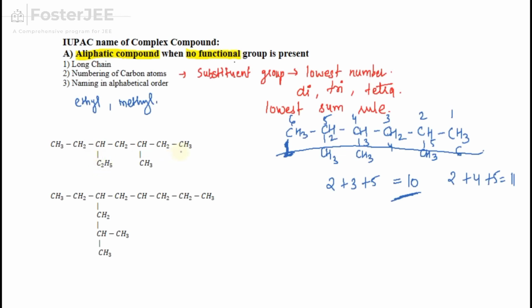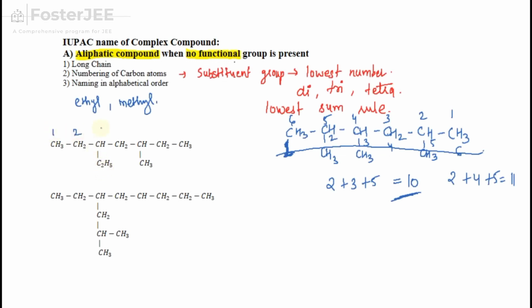And if we start numbering from this carbon atom, then the methyl group is present at this carbon. So here both substituent groups are present at the third carbon. But in this case, according to the rule, the alkyl group which is first in alphabetical order should get the lower number. So here ethyl should get the lower number. So numbering starts from this side.